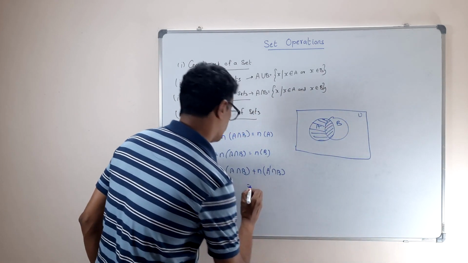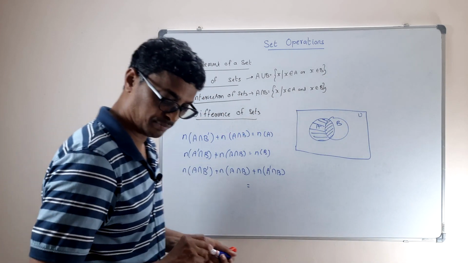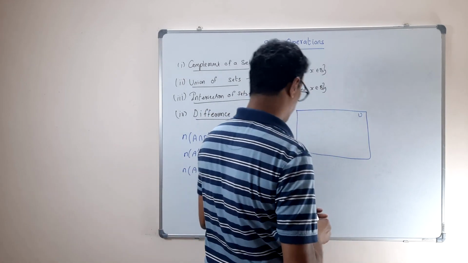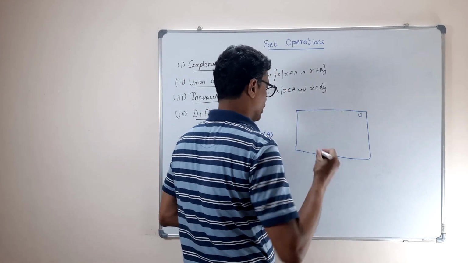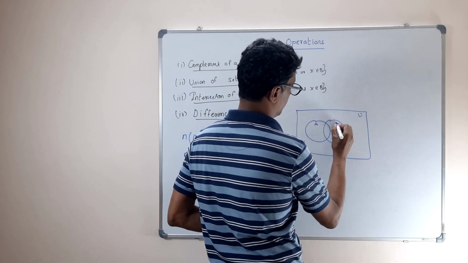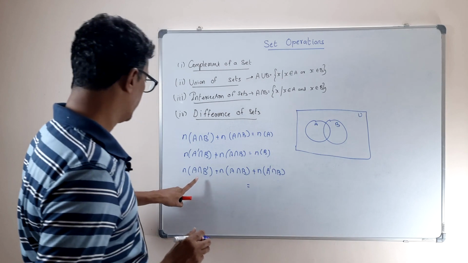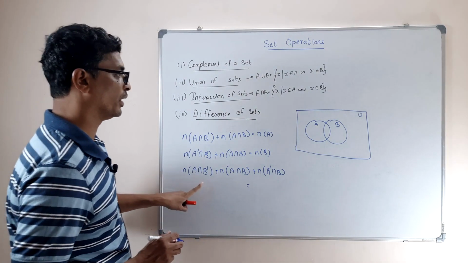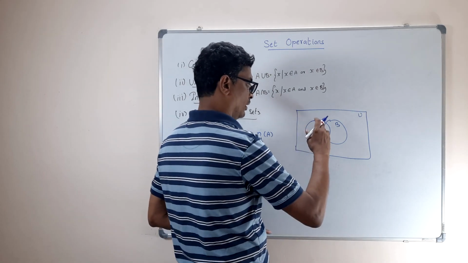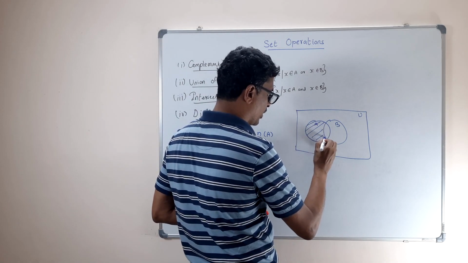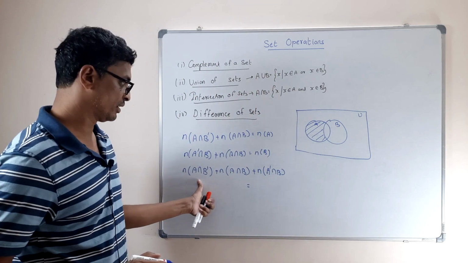Let us try to see. We have A and B. The first one is A intersection B complement, that is A without the intersection, this portion.